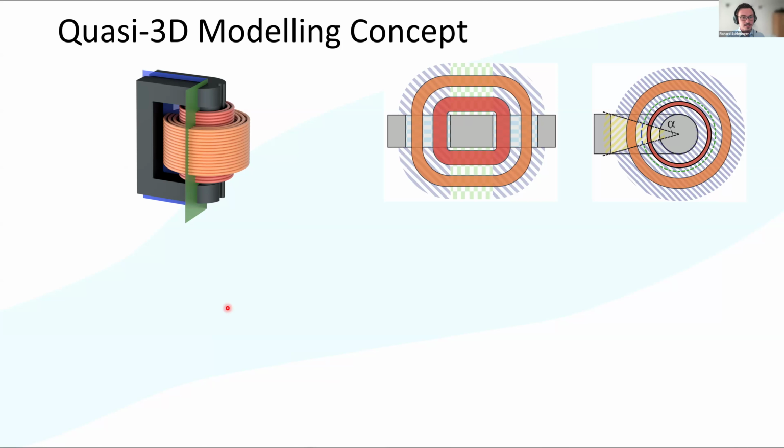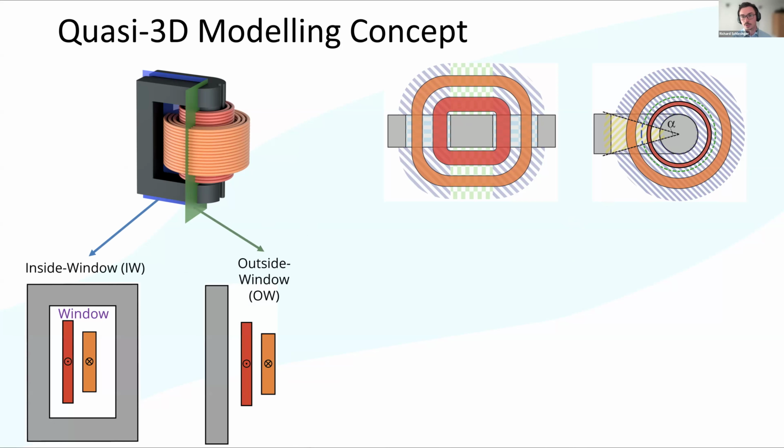This basically means that you split up the 3D transformer geometry into winding sections, which are shown here with the diagonally hatched background and also the rectangular background. And throughout those winding sections, you have constant cross sections. And there are two basic cross sections that we can derive from such standard transformers, which is the inside window and the outside window geometry.